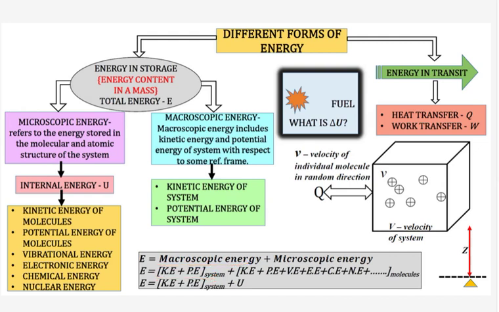The microscopic energy also I can write as summation of kinetic energy, potential energy, vibrational energy, all those energies of the molecule, and we call this the internal energy. So E, the total energy, is U plus kinetic energy of system plus potential energy of system, where U is the internal energy stored in the molecules. Now you have understanding of this total energy E.